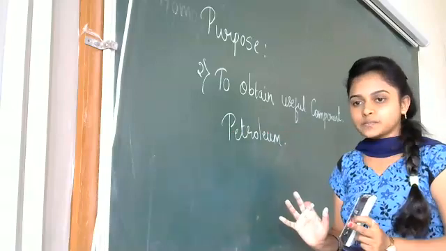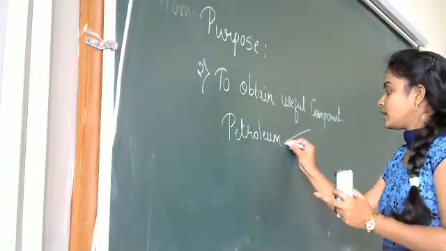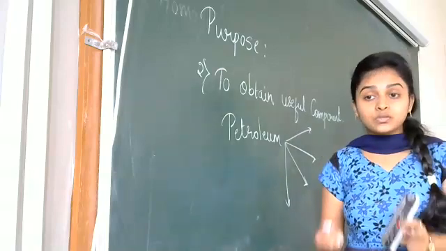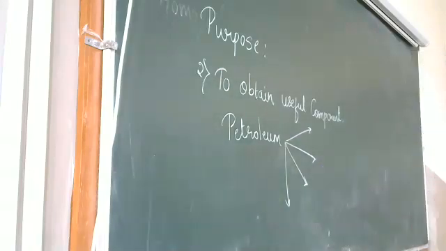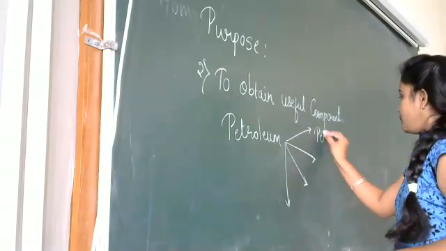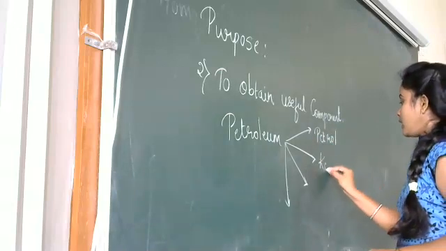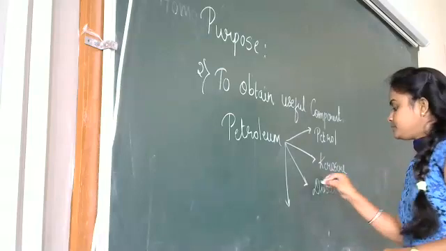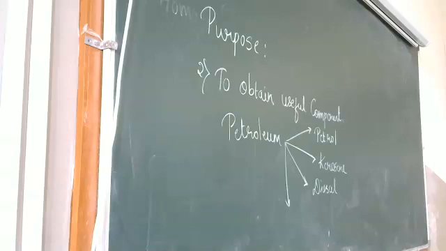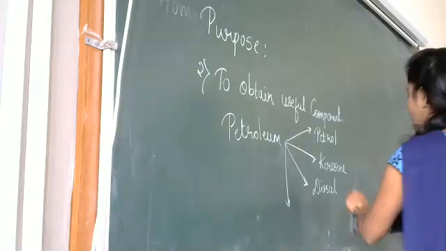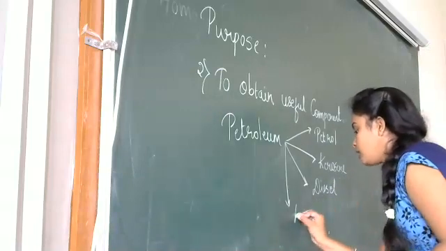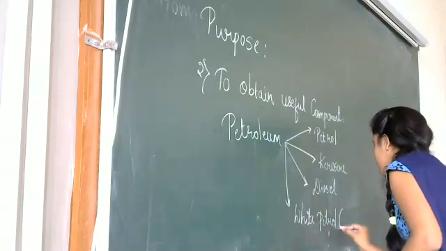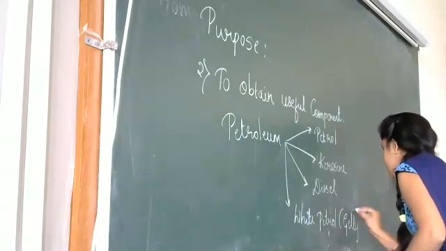It is a mixture of many substances from which we can obtain many useful components. Which are those useful components? For example, from petroleum we can take petrol, kerosene, diesel, and again one more, white petroleum jelly, that is in the form of jelly.